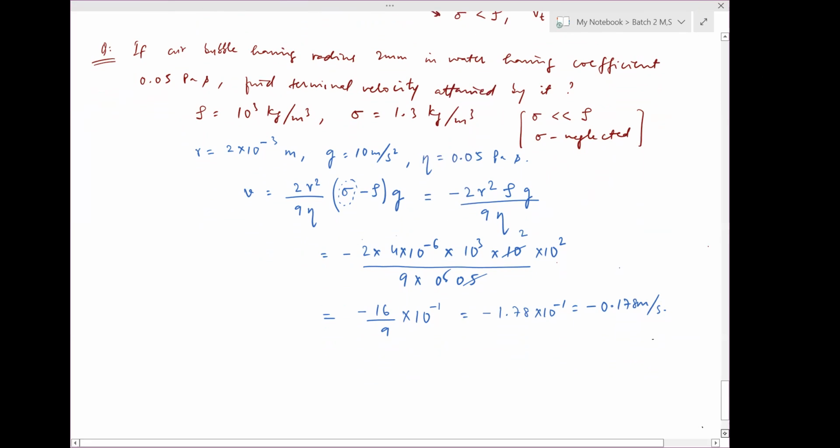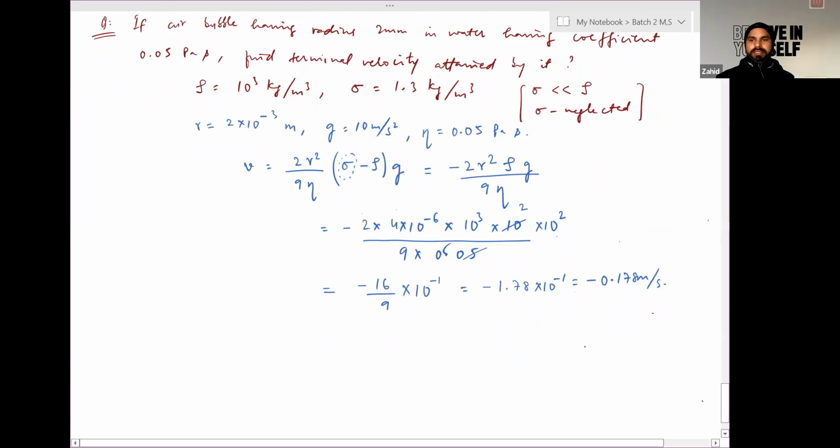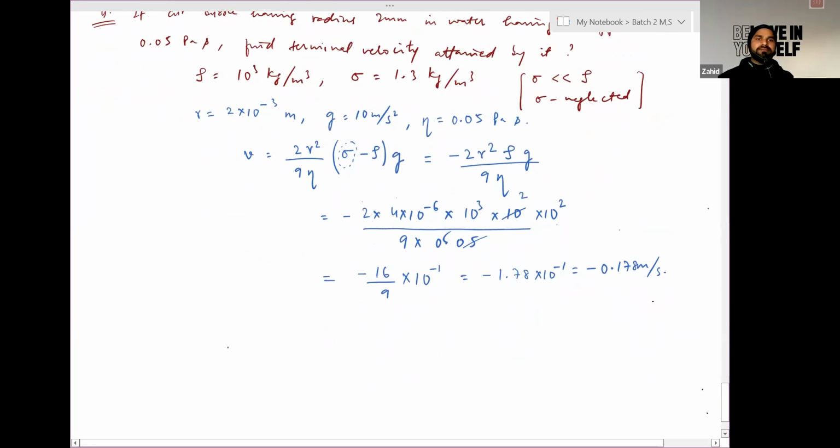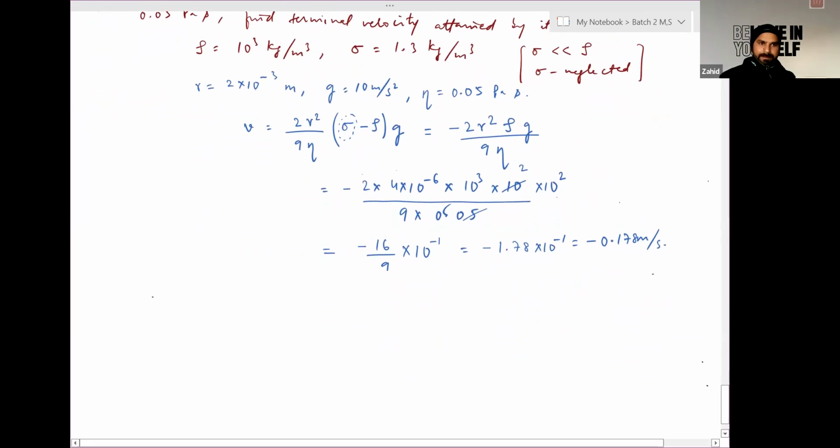Okay. Now there will be some problems related to combination of drops. Suppose you have n number of small drops, each having radius r, and they are falling with some terminal velocity v1.